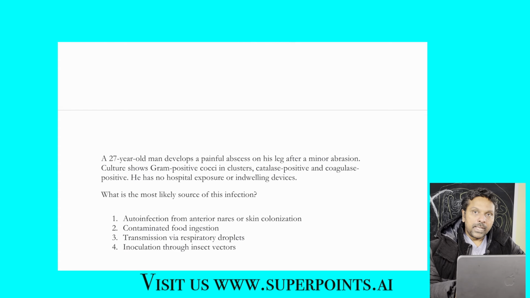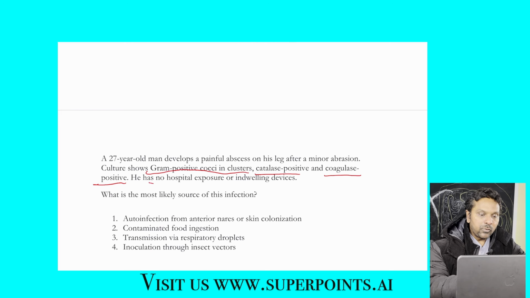question. Next one, a 27-year-old man develops a painful abscess on his leg after a minor abrasion. Culture shows gram-positive cocci in clusters, catalase positive, coagulase positive. He has no hospital exposure or indwelling devices. What is the most likely source of this infection?